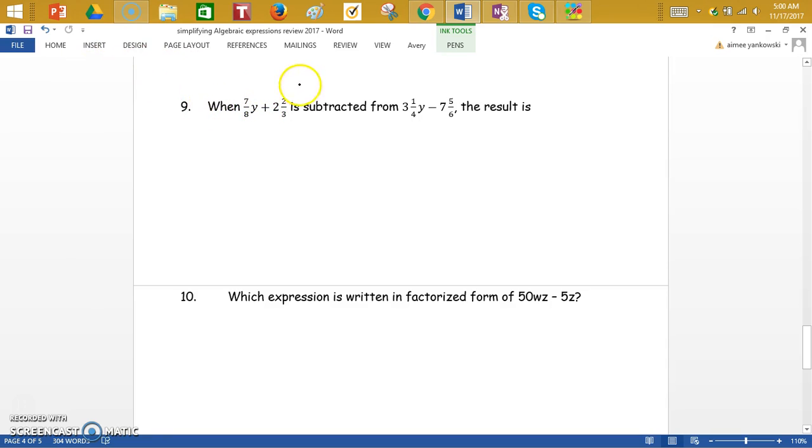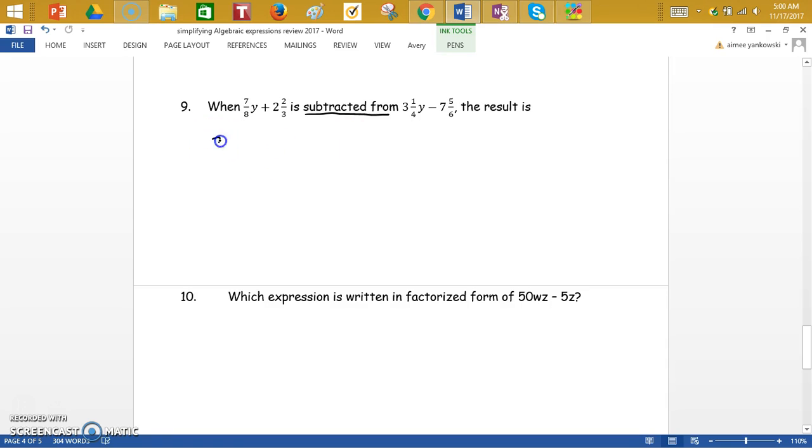When 7/8 y plus 2 2/3 is subtracted from 3 1/4 y minus 7 5/6, the result is... subtracted from. You have to reverse the order.